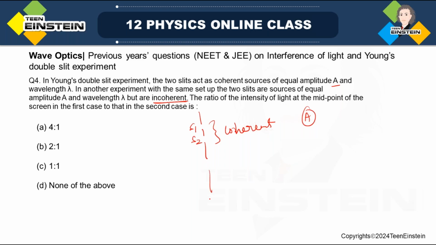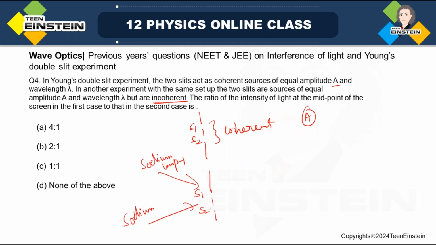The second setup also has two sources S1 and S2. These are not derived from the same, or maybe the same wavelength. Fine, same wavelength, but two different sources. They are illuminated by two different sources, like sodium lamp 1 and sodium lamp 2.